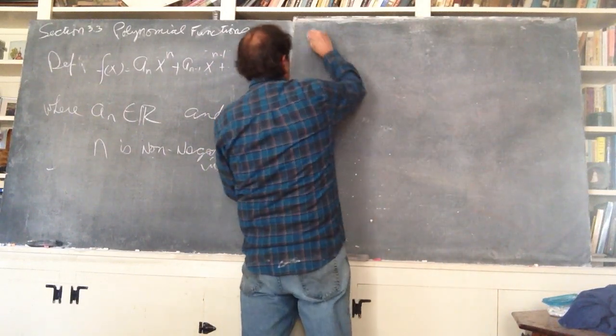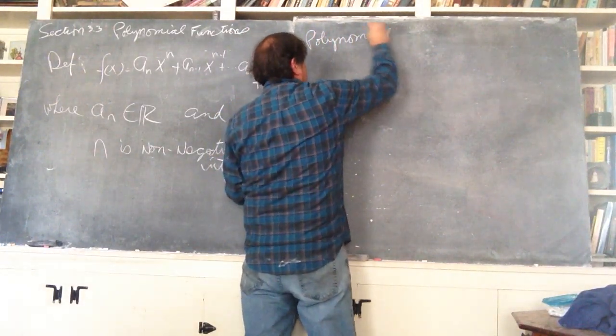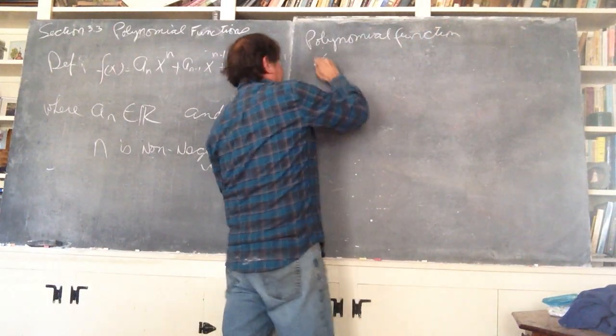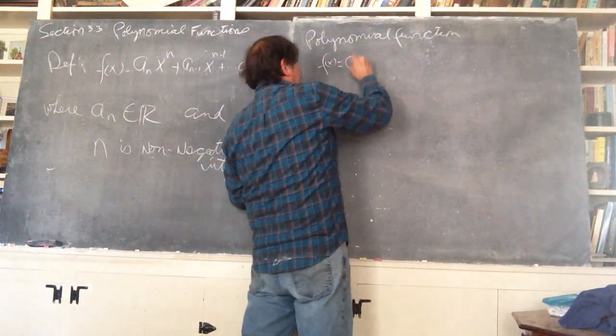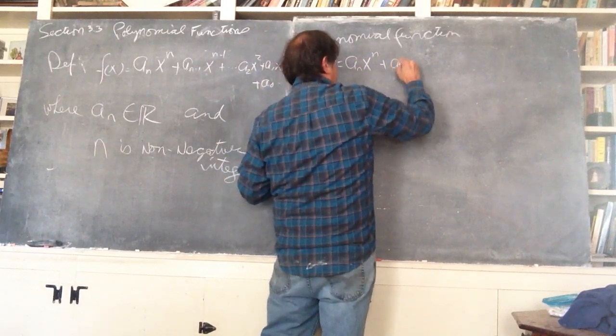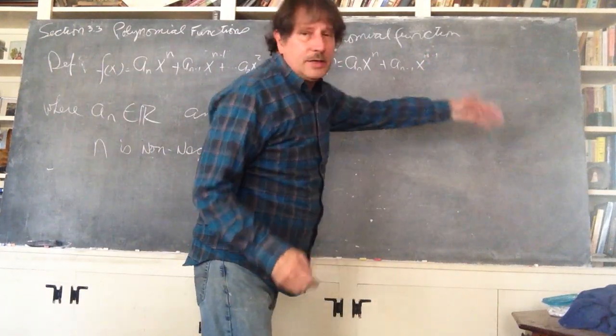Polynomial function: f(x) equals a sub n x to the n plus a sub n minus 1 x to the n minus 1 plus, and it just keeps going down.